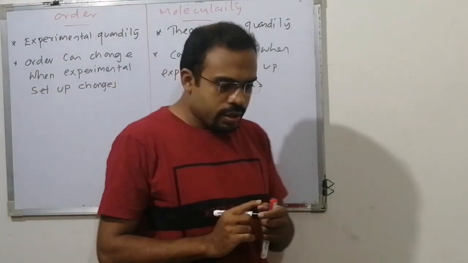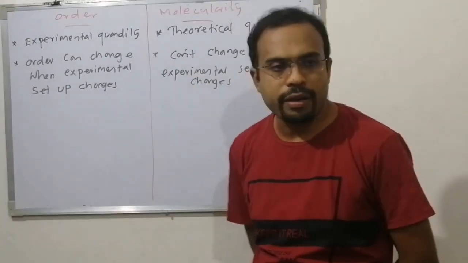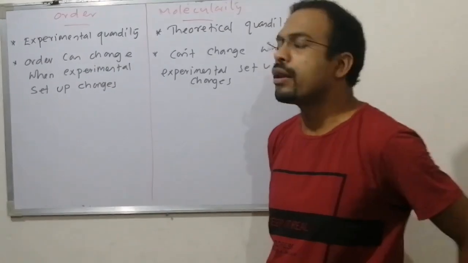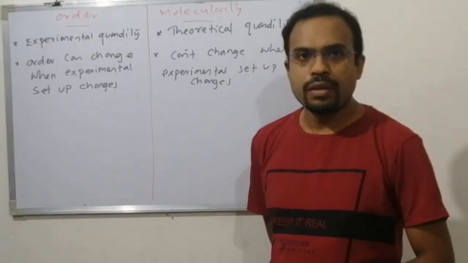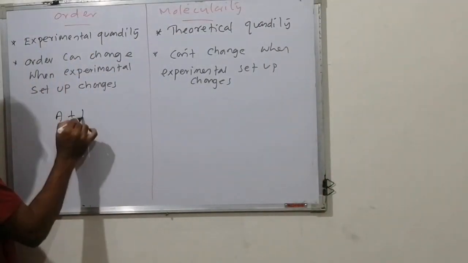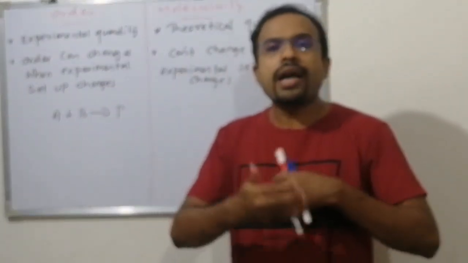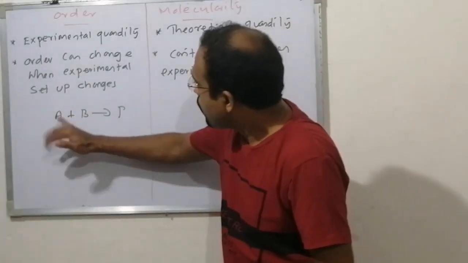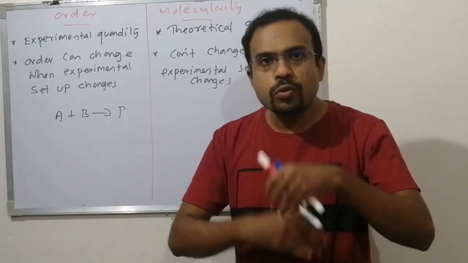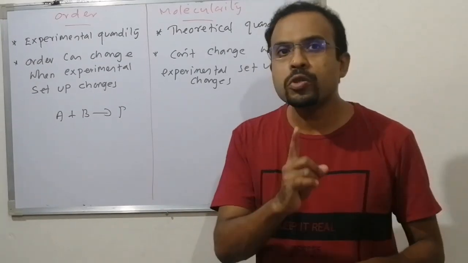Order is an experimental quantity. When the experimental setup changes, order changes. What does it mean? I said to you, order is the number of molecules whose concentration determines the rate of reaction. Suppose you take A and B reactants and give the products. You want to know whether the reaction rate increases when the concentration of A increases. This could be understood only when you do the experiment.